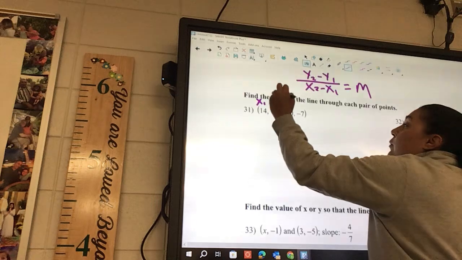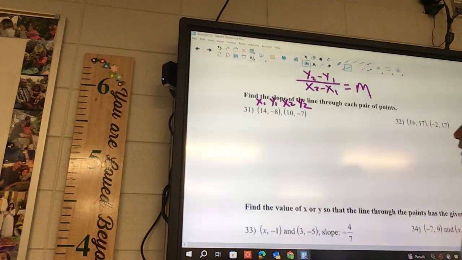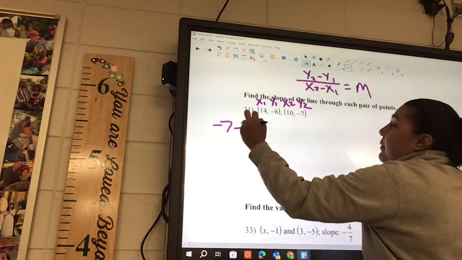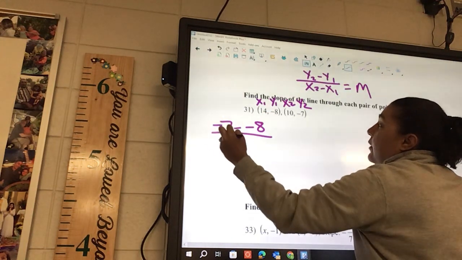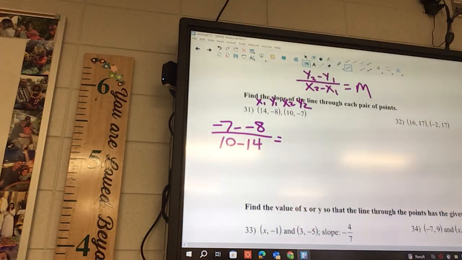I got x1, y1, x2, y2. So it's going to look like -7 minus -8 over 10 minus 14. We're going to type that in your calculator and see what you get.